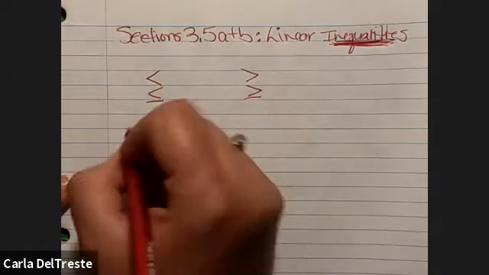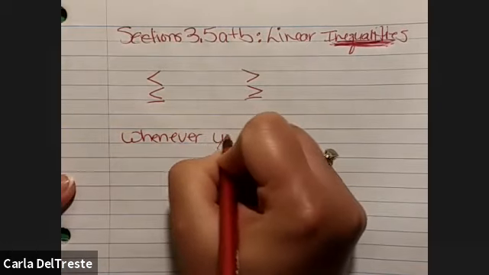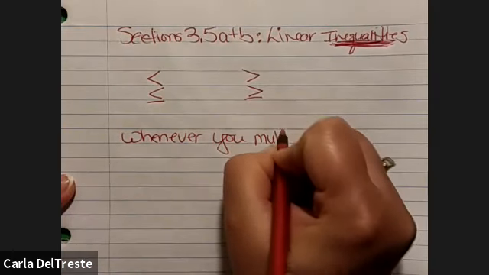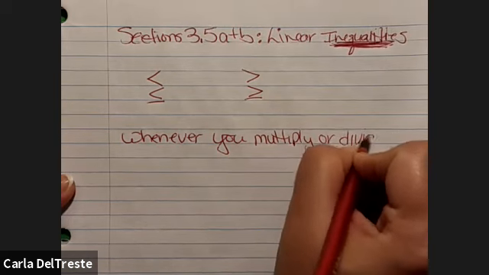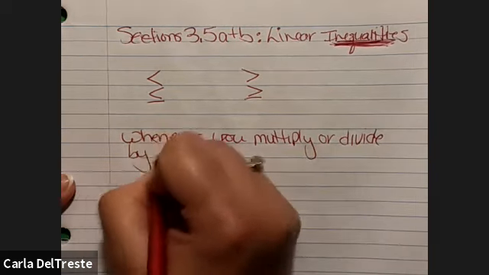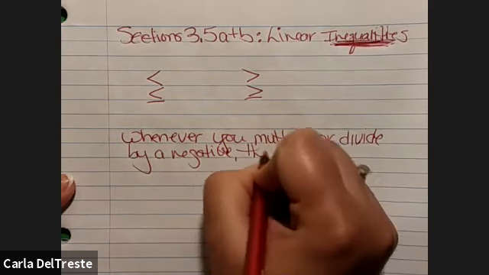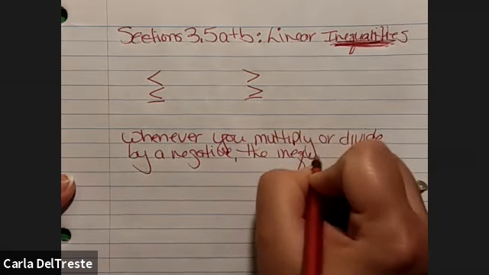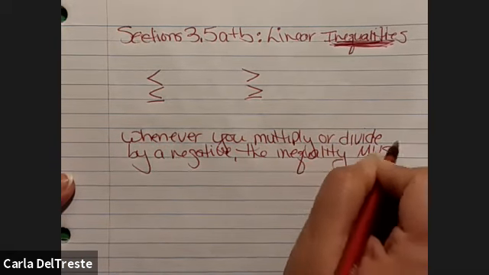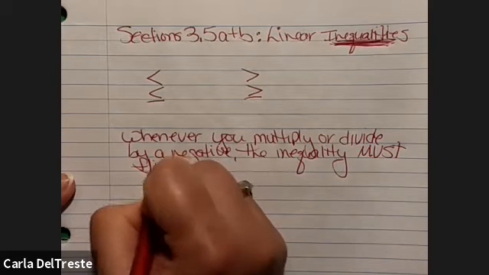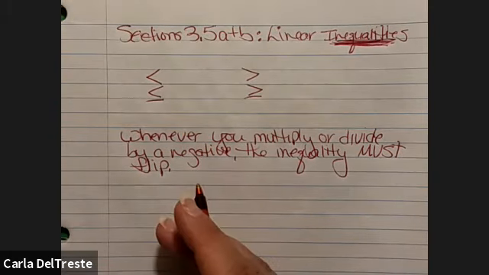In inequalities, whenever you multiply or divide by a negative, the inequality must flip. Let's think about that.